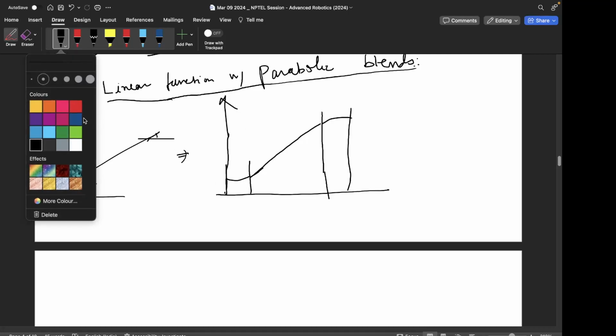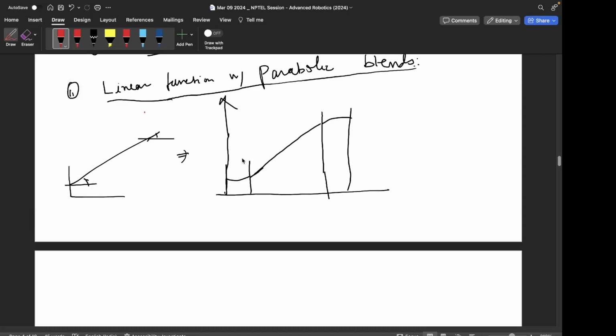Let me pick a different one. So this is not theta. So this is T0, this is TB, this is TF, the end time, this is TF minus TB, this is the halfway time TH, right?